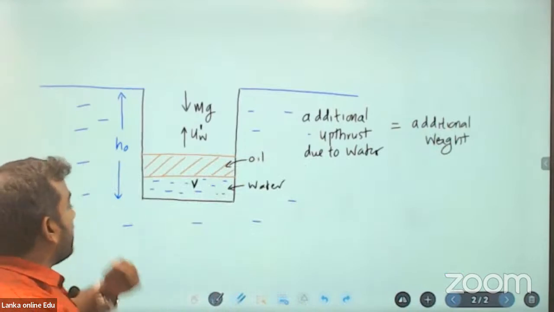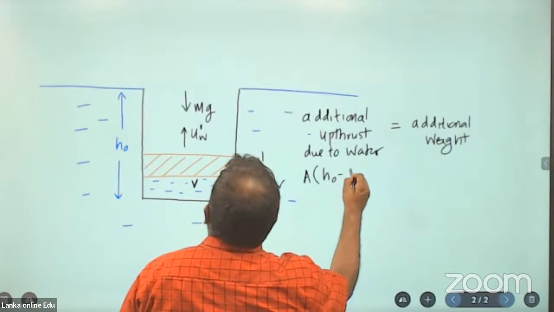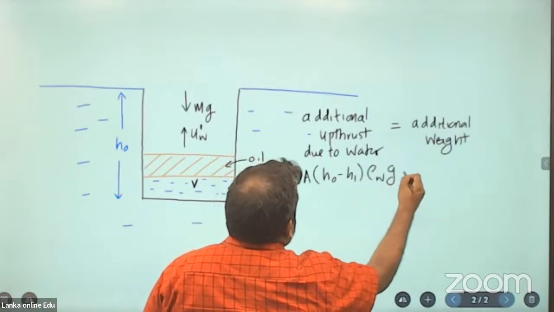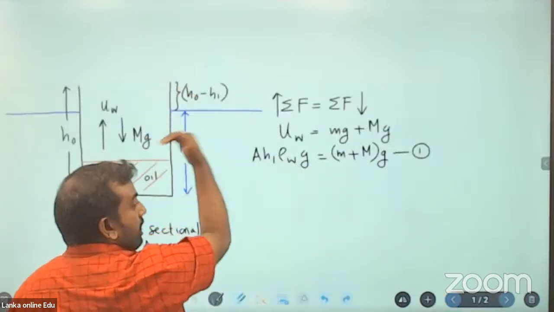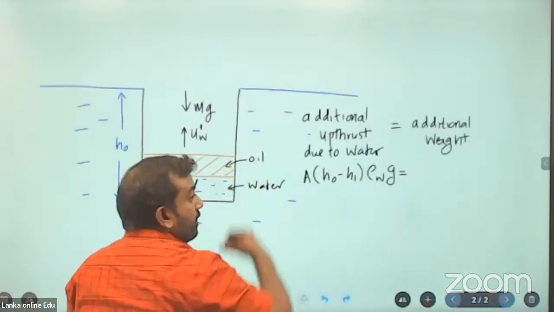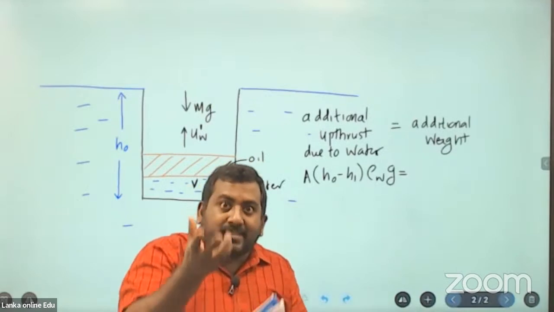So what is this additional upthrust? A (h0 minus h1) rho_w g is the additional upthrust. That means that here this part was not underwater. Now in the second picture, that part is also underwater. Underwater means because of that additional, there's an increase in upthrust.